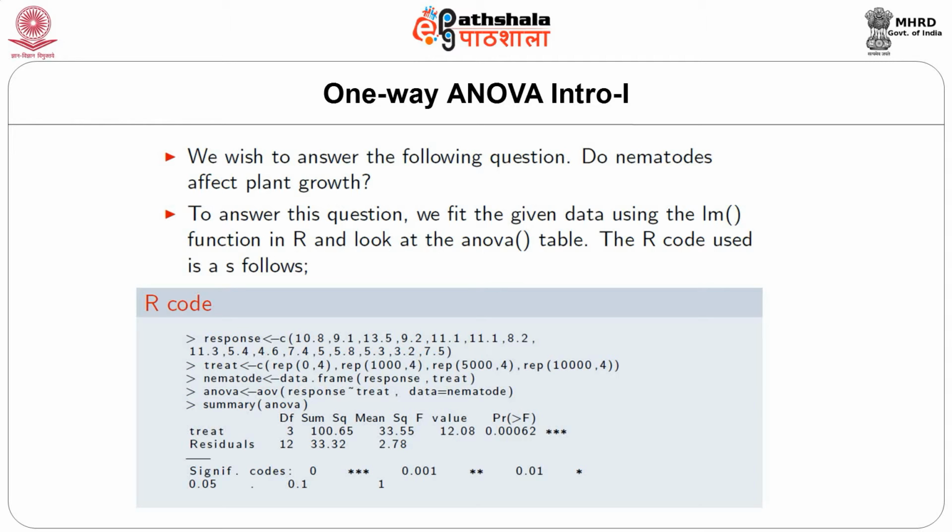Now, the rows of the table are: treat 3, 100.65, 33.55, 12.08, 0.00062. Residuals 12, 13, 3.32, 2.78.